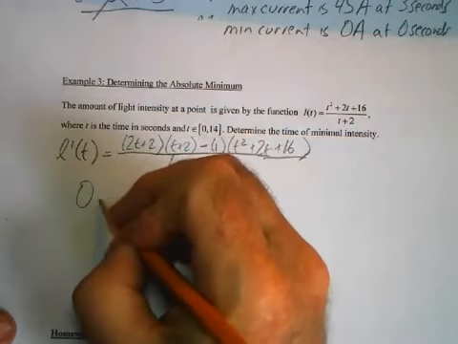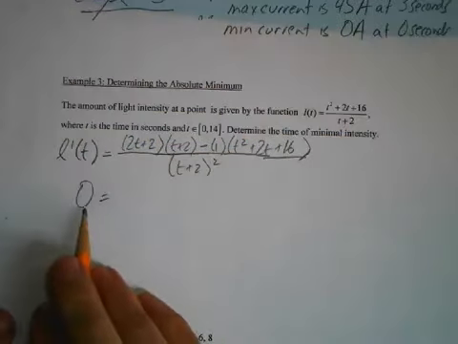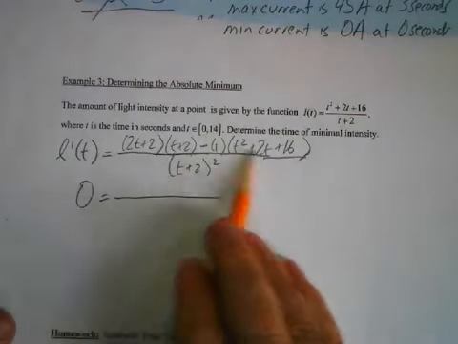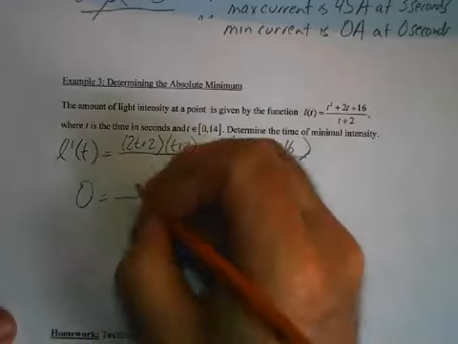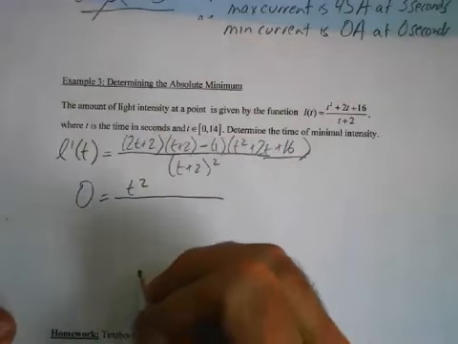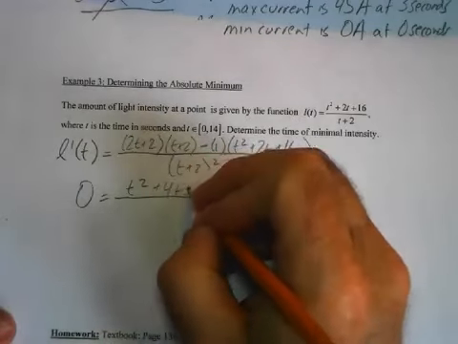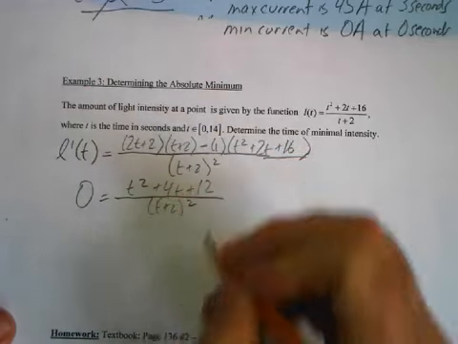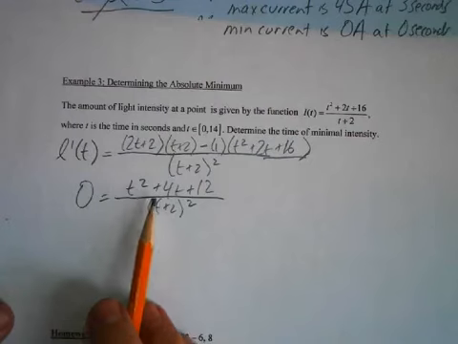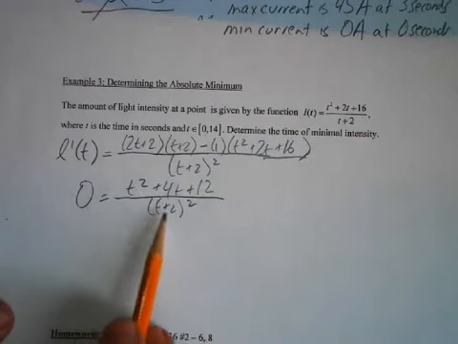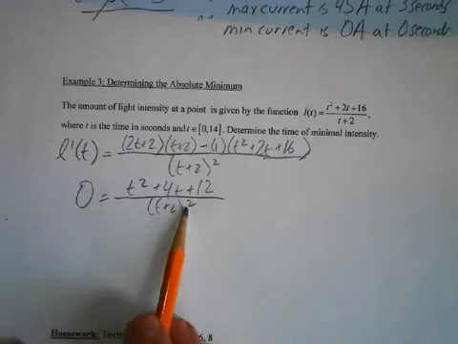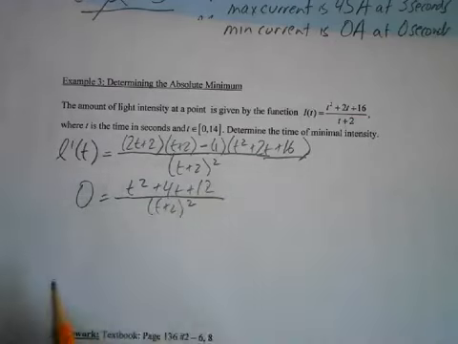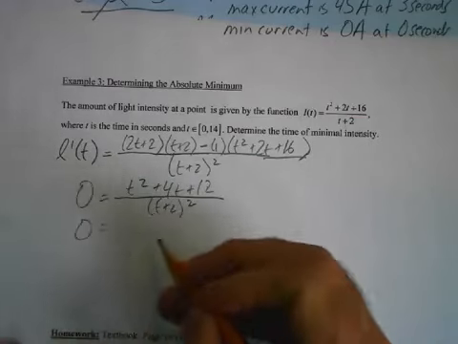And I'll set this to 0 now, because once I simplify this, I'll just cut to the chase here. That works out to t squared plus 4t plus 12 over t plus 2 squared. Again, this is why I'm saying quotient rule is better, because we have to combine it into one term to solve for 0, because basically this means that the numerator has to be 0.